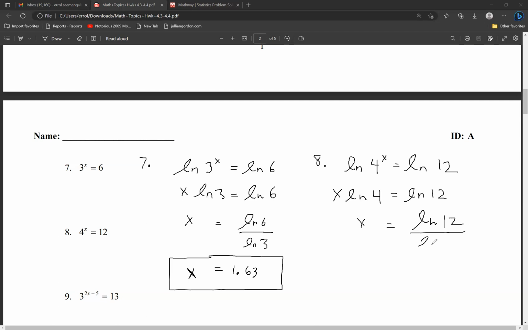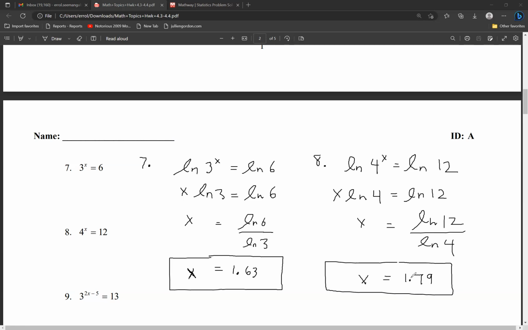Tell me what that is. The whole thing, both of them divided together, is 1.79248125. All right, 1.79. So you did both of them divided by each other? Yes.